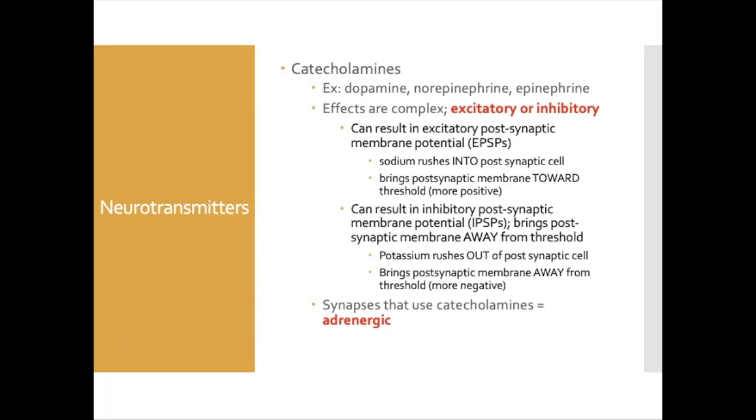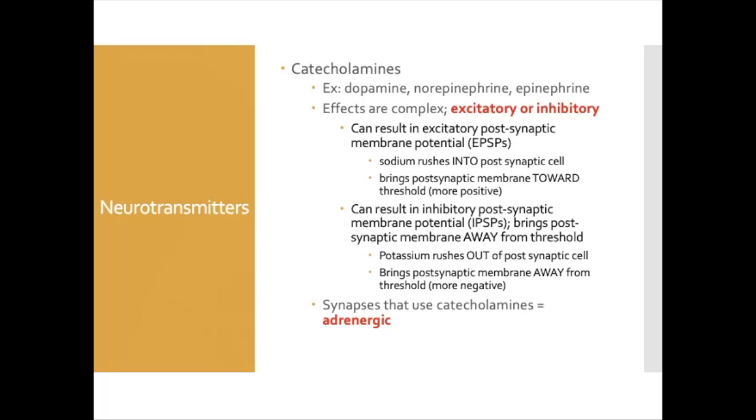Now remember, when a potassium channel opens, potassium doesn't rush into the cell. Potassium rushes out of the cell. The same thing will happen on the postsynaptic neuron. Potassium channels will open and potassium will exit. That's going to make the inside of the cell more negative. That's going to take it farther away from the threshold potential.